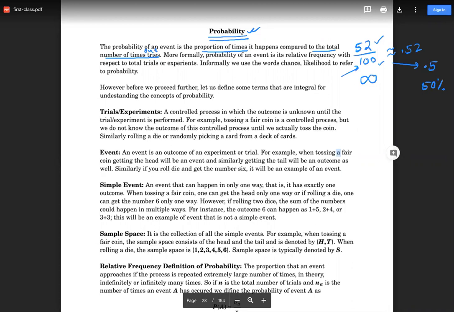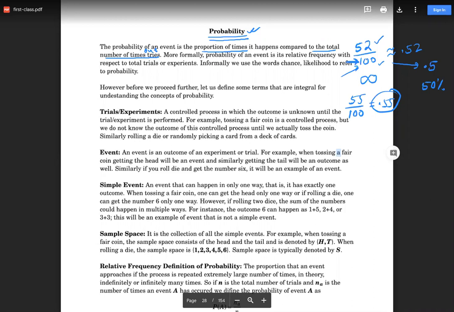Okay, with 100 trials, it might even be the case you get 55 heads out of 100 tries. So you'll have 55 over 100, which is 0.55. That doesn't mean that the probability of getting a head when you toss a fair coin will be 55%. It actually is a limiting value.